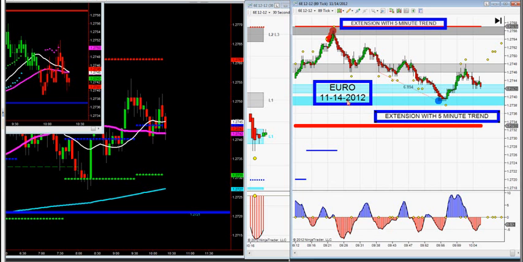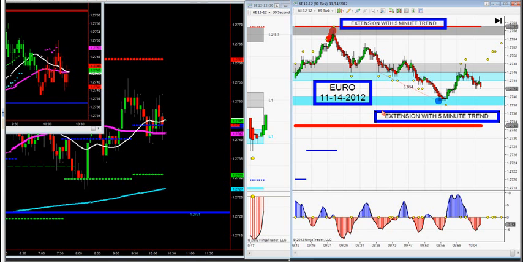Now what you can do on the software, you can turn the trend filter to false, and that will allow counter trend trades to happen, where these dots will fire off counter trend trades not based upon the 5-minute trend. What I like to do is have 2 charts. I like to have a trend chart like this put up in my live room, just the trend chart with extension with trend.